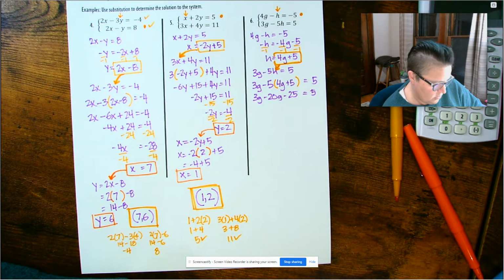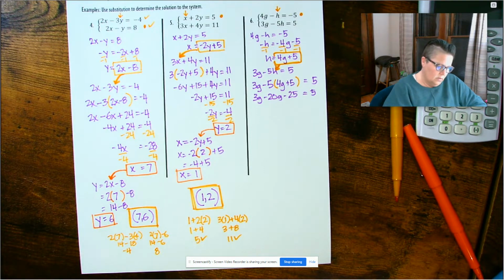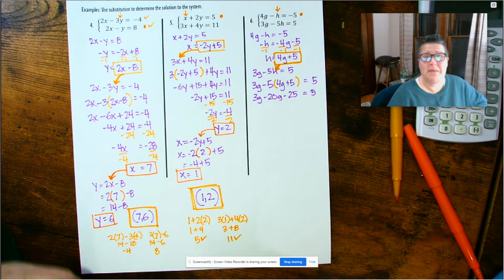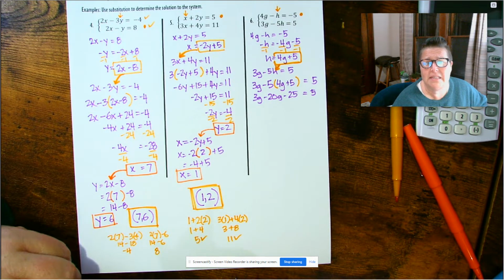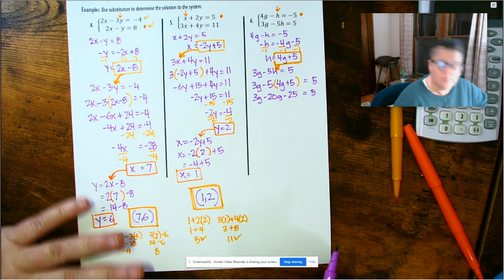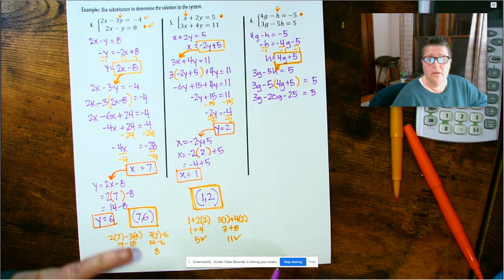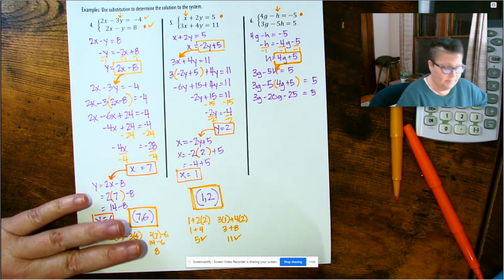Right? Okay. Already, I feel like this is going to be a little messy. 3g's, 5h's, and a 5. 4g minus h, negative 5. I'm just sort of checking my work here because it's about to get messy.